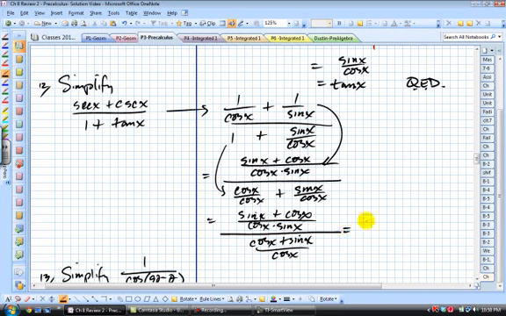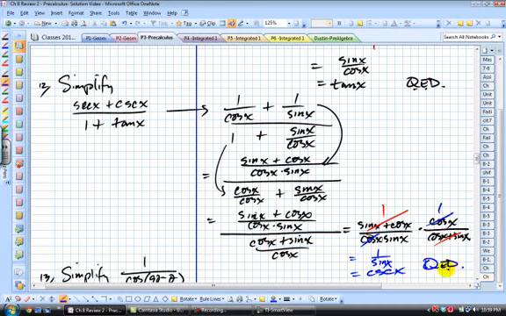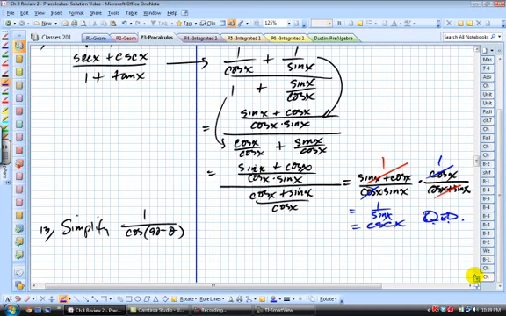And now that you have a fraction, you multiply by the reciprocal. So you have sine x plus cosine x, looking at my top fraction here, divided by the product of the two, times the reciprocal, which is cosine x divided by the sum, cosine x plus sine x. So check it out. All of this cancels out to 1. This one and this one cancel to 1, giving you 1 divided by sine x, which is cosecant x. Done. QED. Cosecant x. There you go.